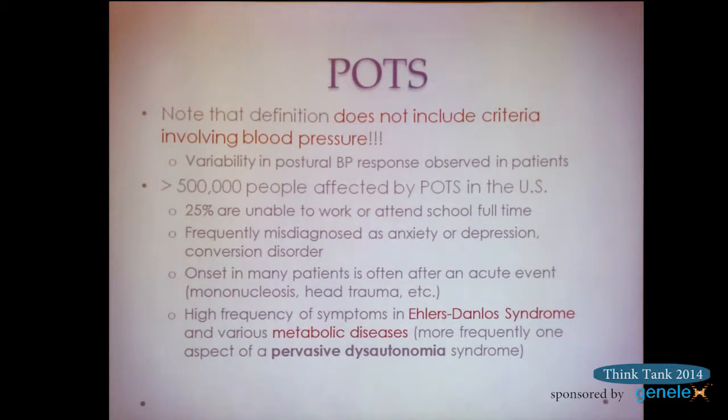I hear mononucleosis. I have patients who've had concussions and different events that have happened to them. It is a bit different when you're talking about patients with Ehlers-Danlos or metabolic diseases that are more indolent, maybe chronic, progressive over a period of years. These patients in particular have pervasive symptoms of dysautonomia, again bleeding over into some of the other topics you're going to hear about today.